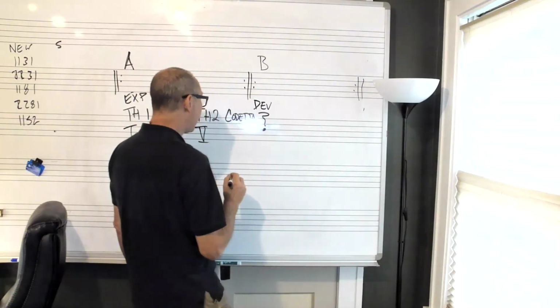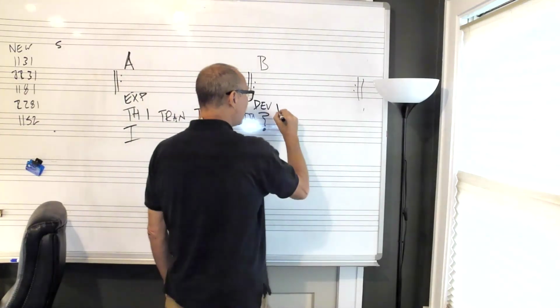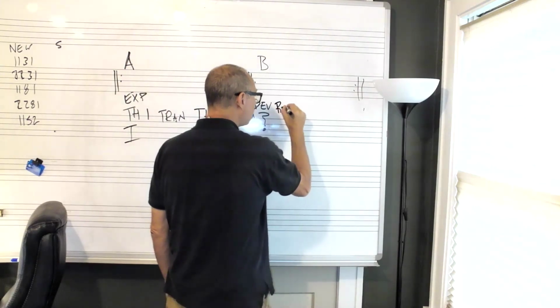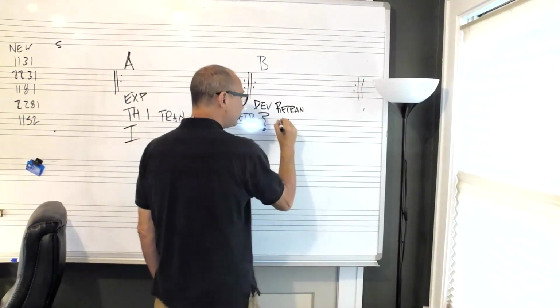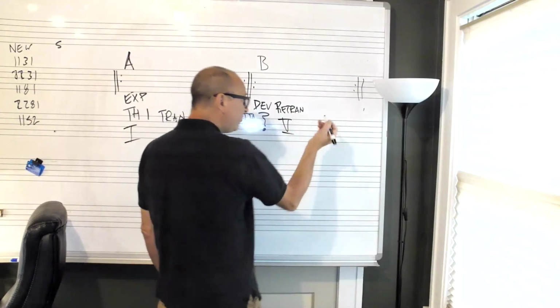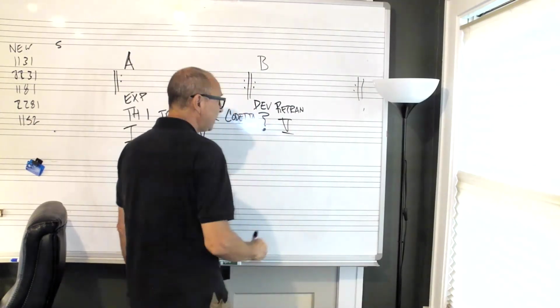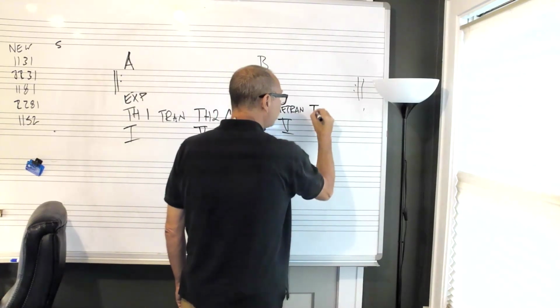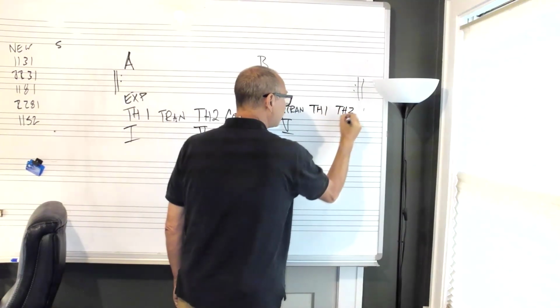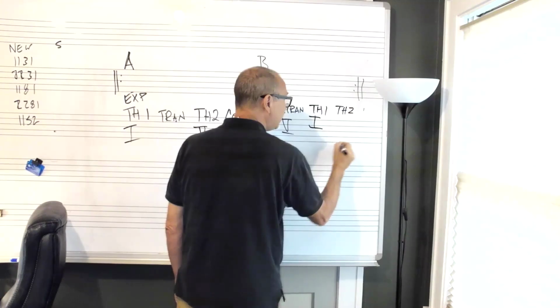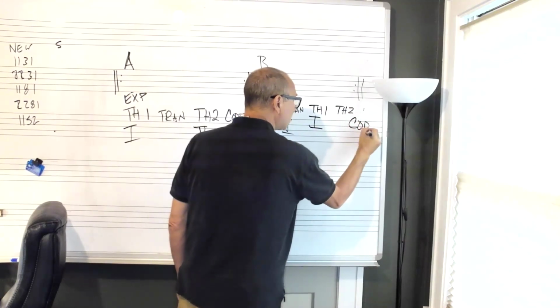Now, we've got to get back home to tonic. So we're going to have this retransition, which takes us to 5. And then we repeat the exposition. Theme 1, theme 2, all in the tonic key. And then a coda.